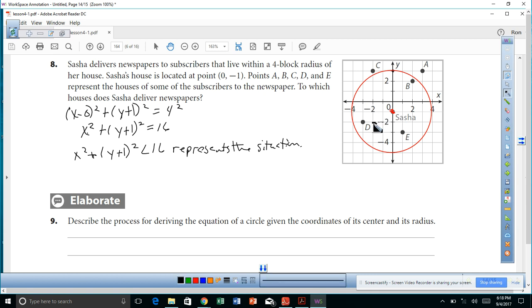So B, D, and E are located inside the circle. So Sasha will deliver to those. A and C are outside, and she won't deliver to those.